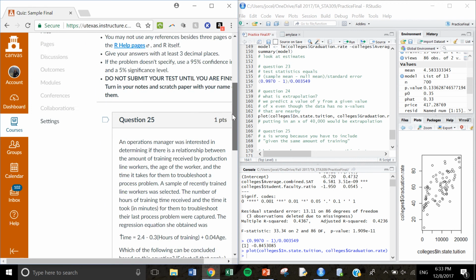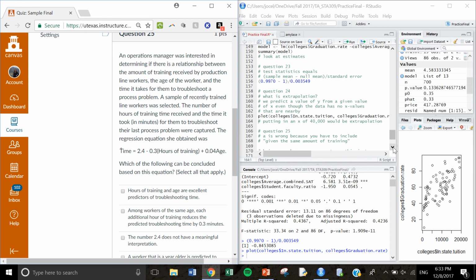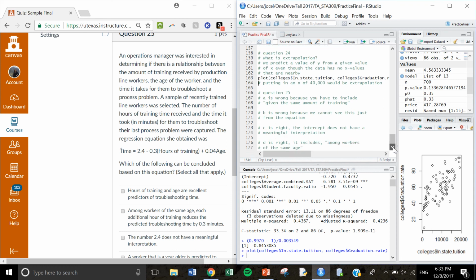Question 24. An operations manager was interested in determining if there's a relationship between the amount of training received by production line workers, the age of the worker, and the time it takes for them to troubleshoot a process problem.